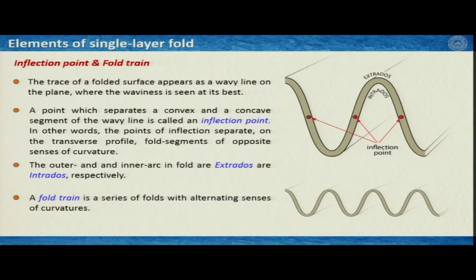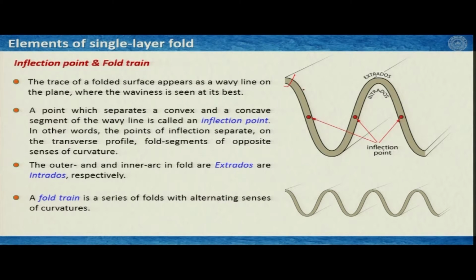Now, as we talked about, the trace of a folded surface appears as a wavy line on the plane where the waviness is seen at its best. Let us take this example. So, this is a folded layer, as you can see here, this particular layer, this light brown layer that got folded, and we are seeing this along a section where this waviness is best visible.